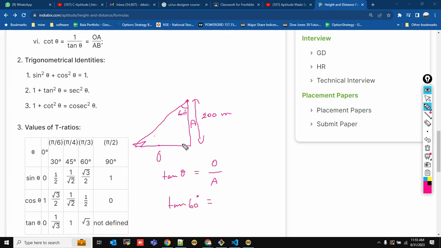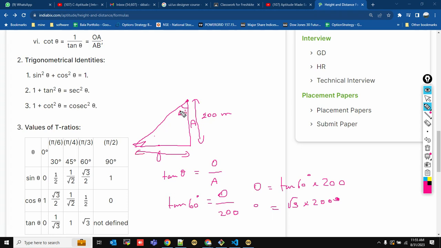Opposite we don't know, and the adjacent side is 200 meters. So the opposite side is equal to tan 60 into 200. Tan 60 is root 3, so root 3 into 200. That is your opposite side value, so this is the distance of the ship.